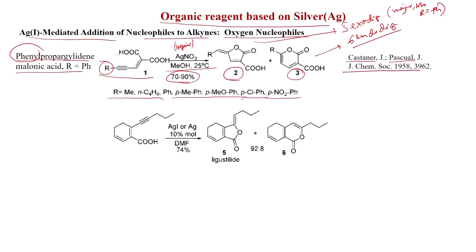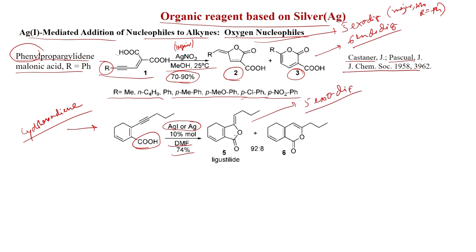Like here, this is actually a cyclohexadiene system, and a carboxylic acid is there and an alkyne is present with an N-propyl group. Now, they developed it with silver iodide, only 10 mole %, and in DMF solvent you get 74% yield of this 5-exo-dig. So, 5-exo-dig is the major product here.